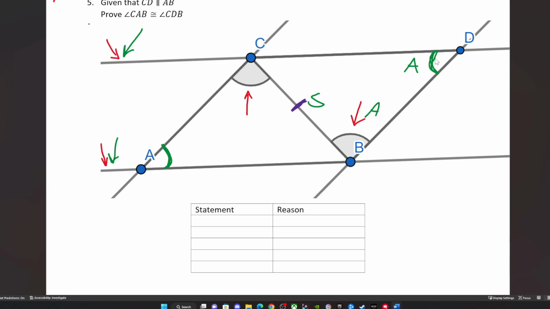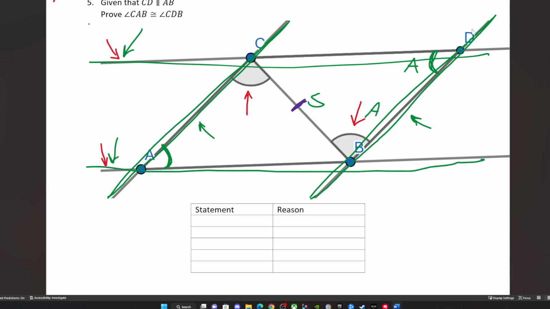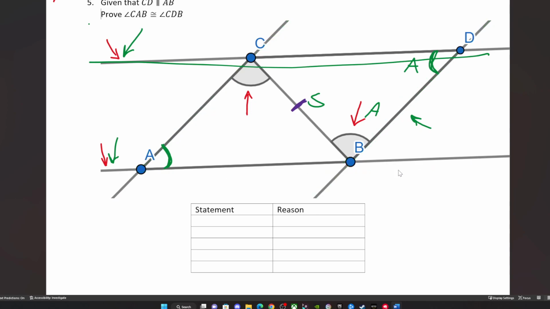Because if you notice, this angle right here would belong to this transversal, and this angle right here would belong to this other transversal. So for this to actually work, we would need to know that these two lines are parallel. But we don't know that they are parallel. Only this one's going like this, they're parallel. But we don't know anything about these ones going down.